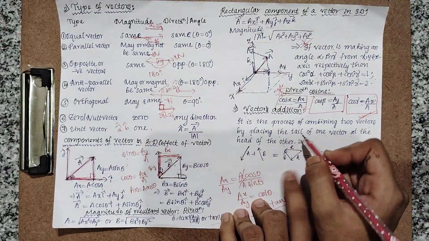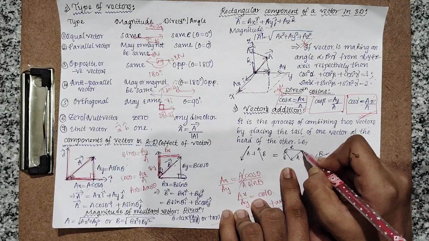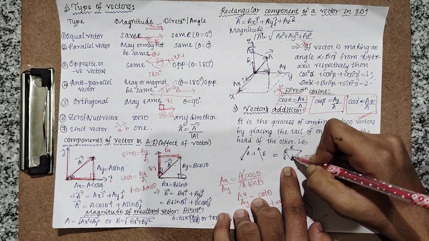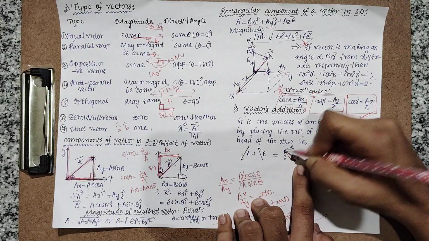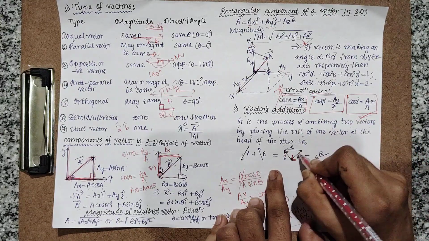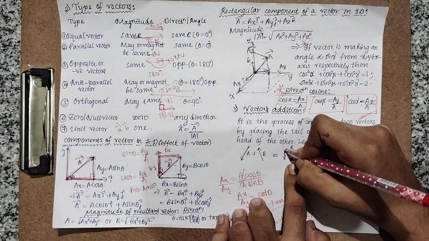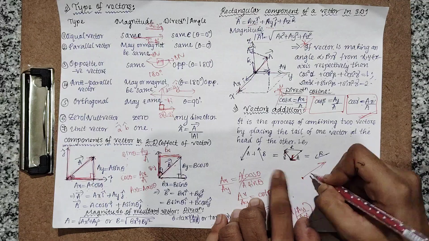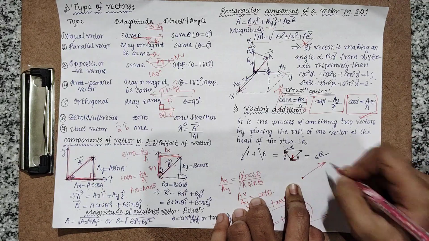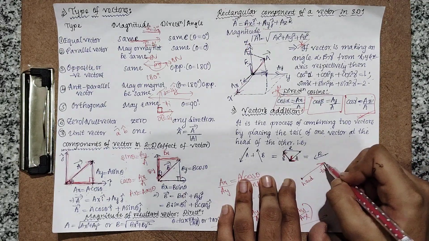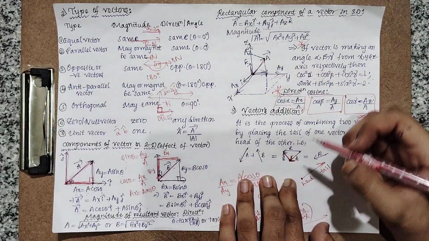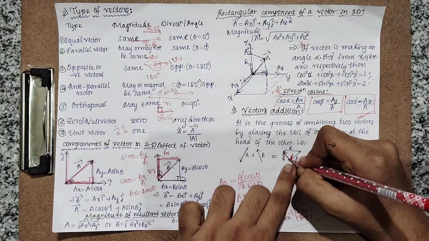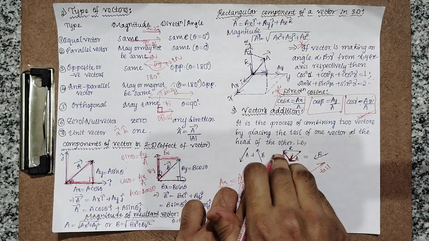Now, vector addition in the sense, you have to place the tail of one vector at the head of another vector. This is your head and this is your tail. So here the tail of the a vector is connected with the head of the b vector.